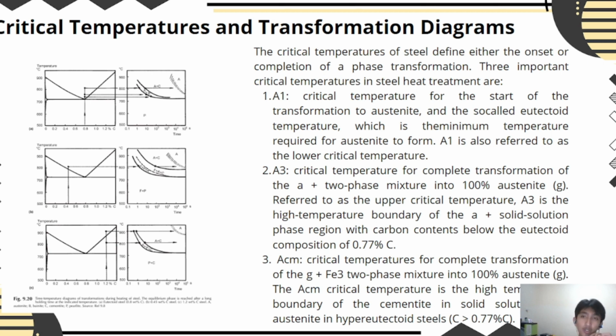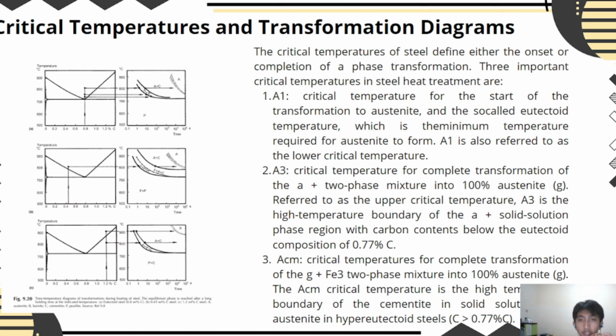A1 is also referred to as the lower critical temperature. And two is A3, the critical temperature for complete transformation of the alpha plus gamma phase mixture into 100% austenite, referred to as the upper critical temperature.